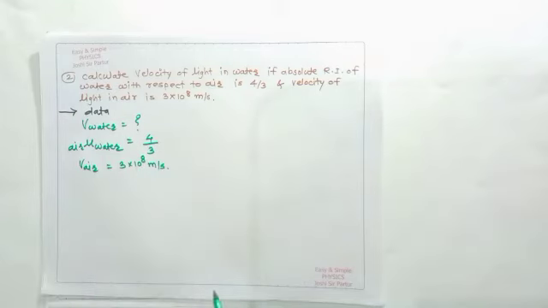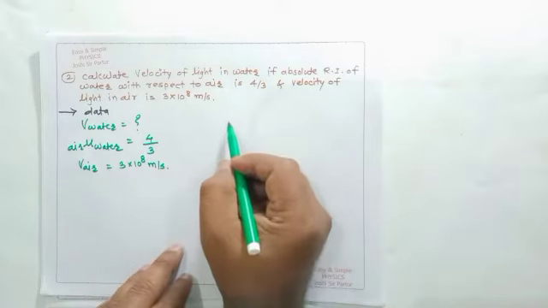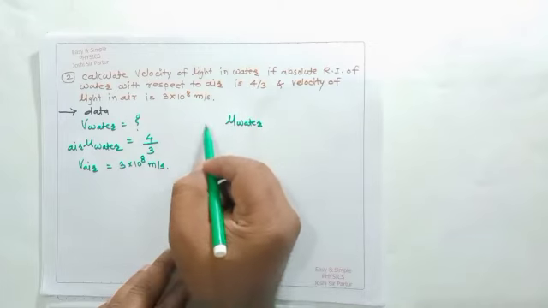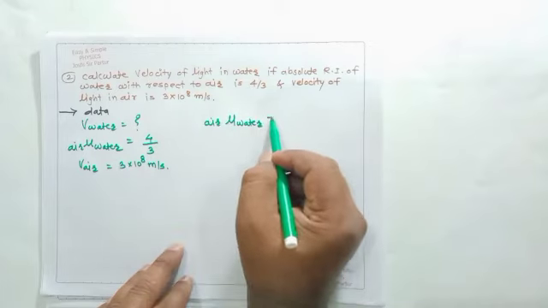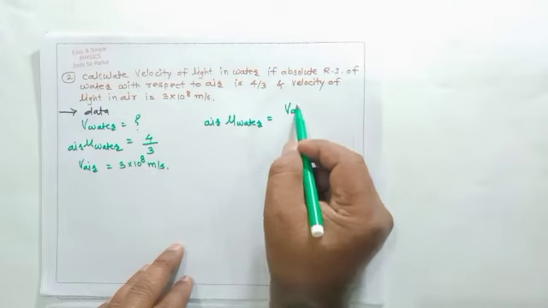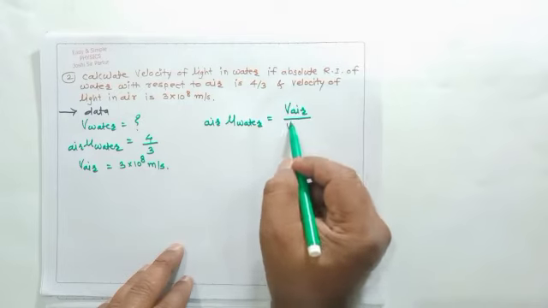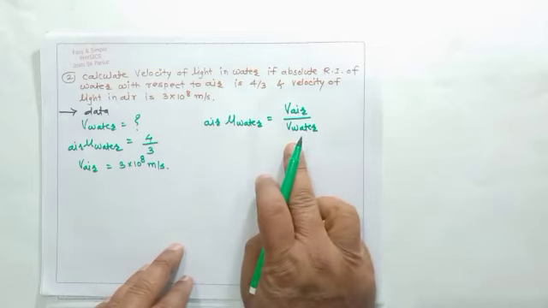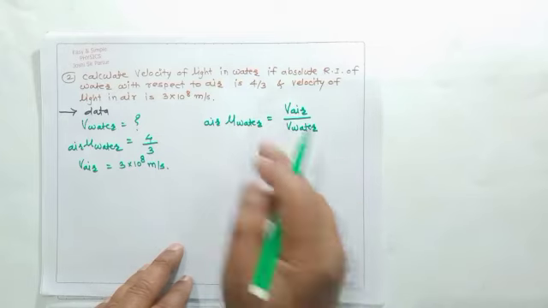Here we can also use Snell's law. Refractive index for water with respect to air is equal to velocity of light in air divided by velocity of light in water. We want to find velocity of light in water, so rearrange the term.